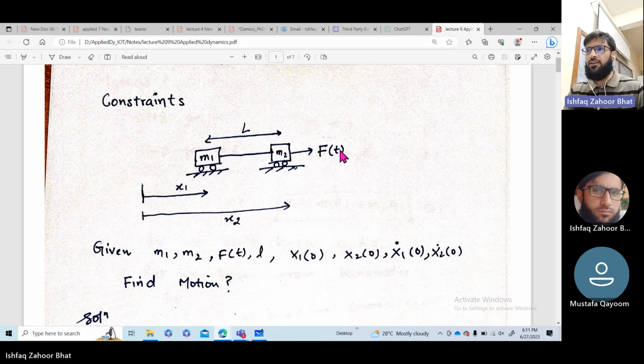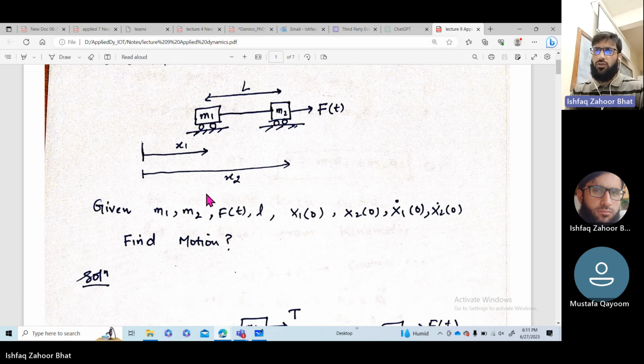For example, F of t may be equal to t square or sine of t, or maybe some constant force, 2 Newton, etc. So the problem is that if we are given m1, m2, F, and L, can we find the equations of motion? This is the question.